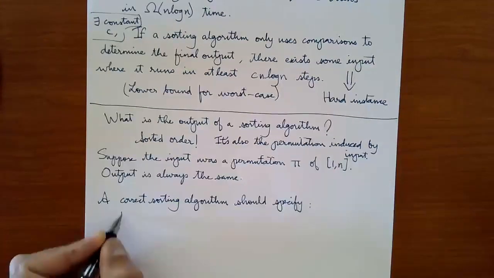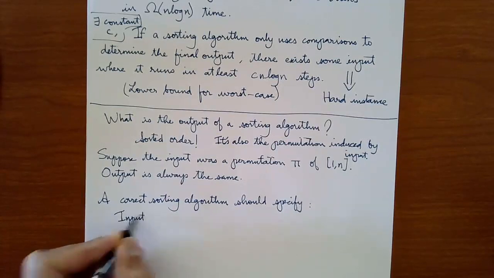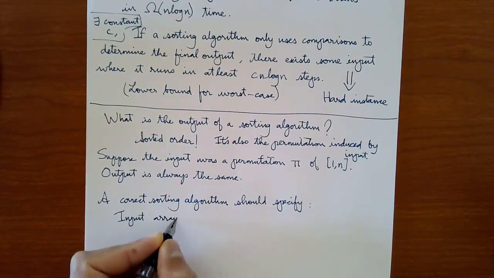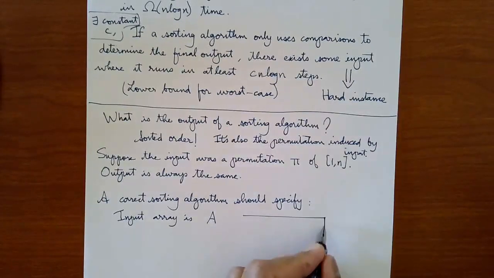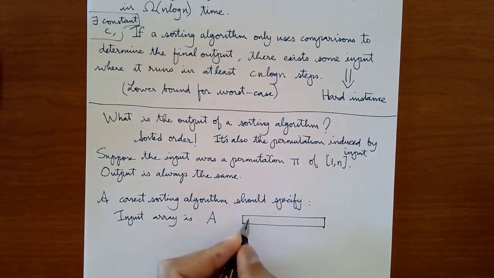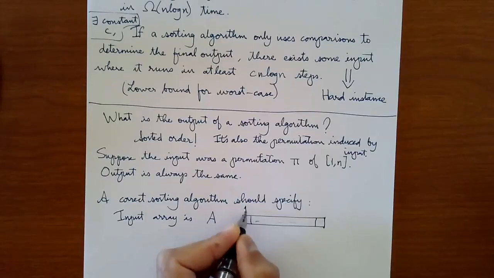Let's say that the input array is A. It's going to be convenient, and I'm going to apologize for this, but I am going to index my arrays from 1 to n as opposed to 0 to n minus 1. So here's my input array, indexed from 1 to n.